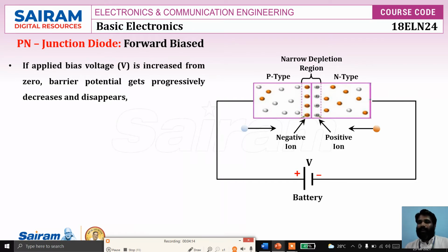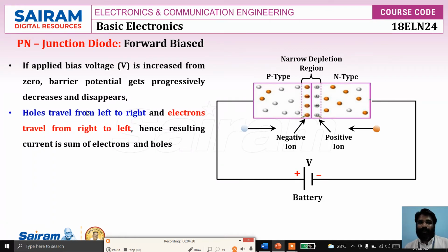Then electrons and holes move across the junction freely. Holes travel from left to right and electrons travel from right to left. Hence, the resulting current is the sum of electrons and holes. That means the current in forward bias, IF, is equal to the current due to N type, IN, plus the current due to P type, IP.